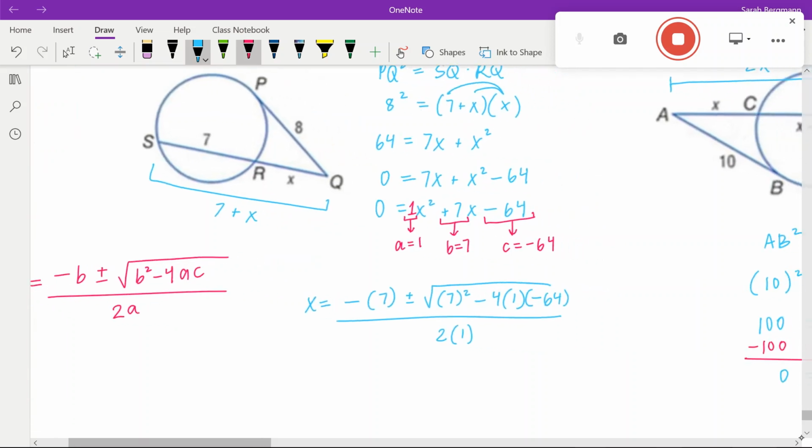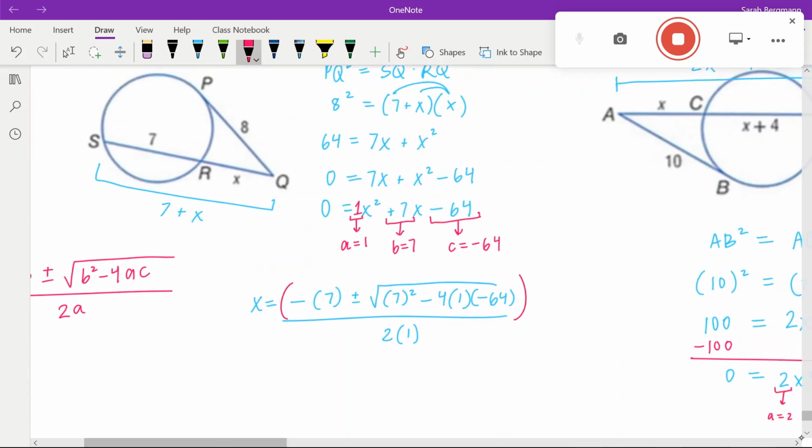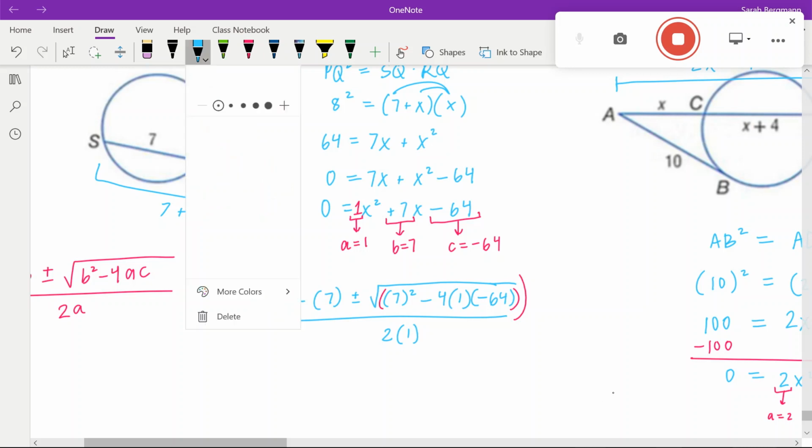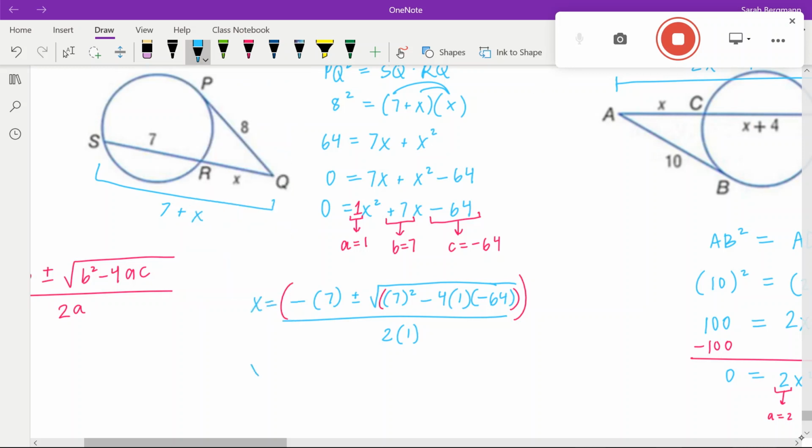Technically, there is an imaginary parentheses around this numerator and another imaginary parentheses under a square root. So we have to take care of what's under the square root first. So we get x equals negative 7 plus or minus the square root of, now we can square our 7, 49. Now we can multiply 4 times 1 times negative 64. Well, it's actually negative 4 times 1 times negative 64.